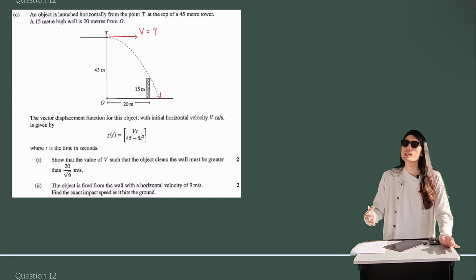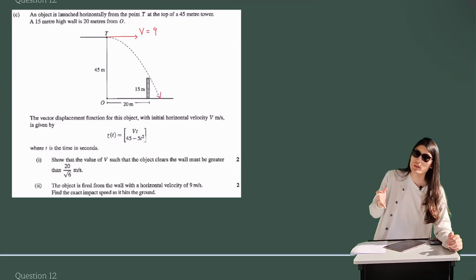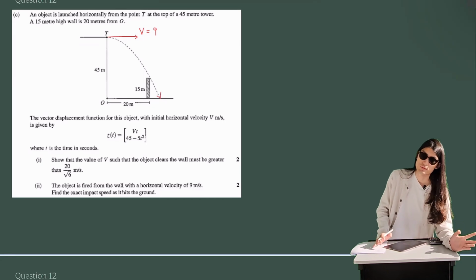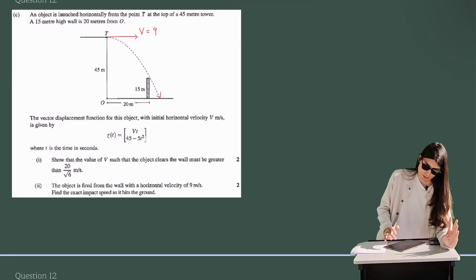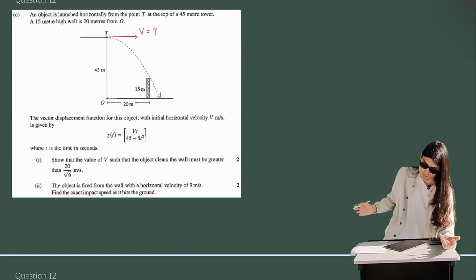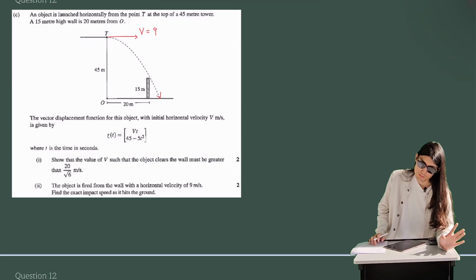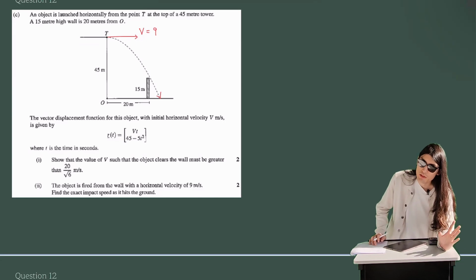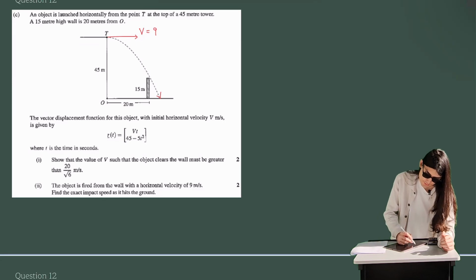In other words, the speed with which this projectile strikes the ground is what we have to find, given the value of v to be equal to 9. Okay, and in order for us to do that, speed, we need some kind of information about the speed of this projectile, right? Speed or velocity, we know, is the derivative of the displacement, isn't it?